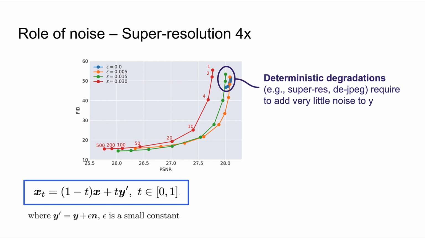And this is actually the case when the degradation is deterministic. As we add very little noise, for example, here in the orange curve, where the noise is 0.005, compared to an image that is normalized to be between -1 and 1, then we start getting results with much better FID scores. Please check our paper for more details.